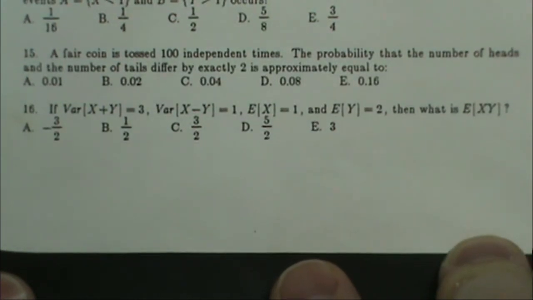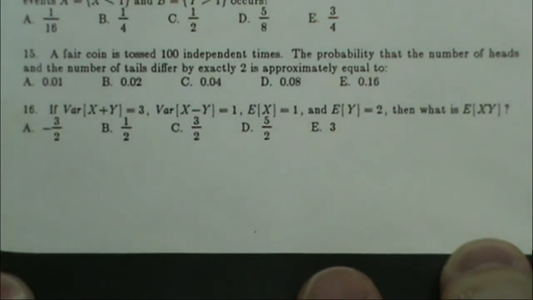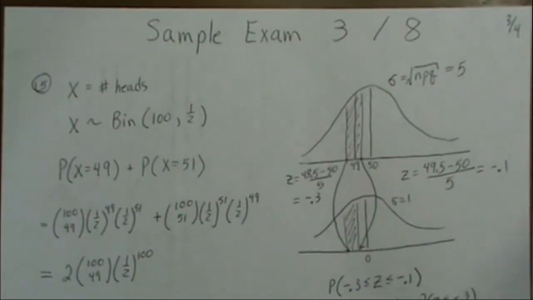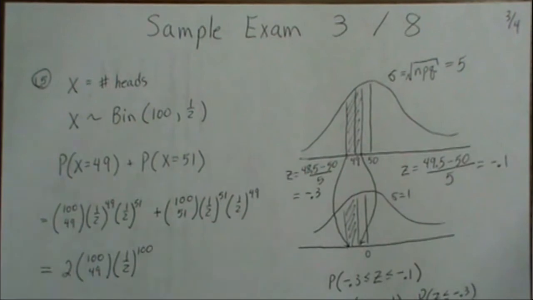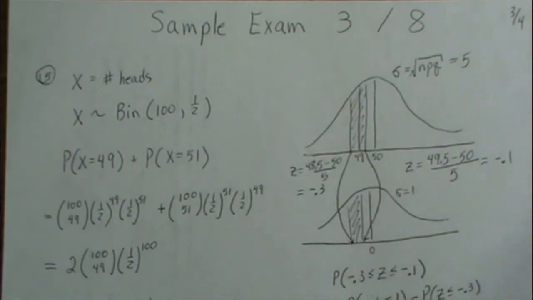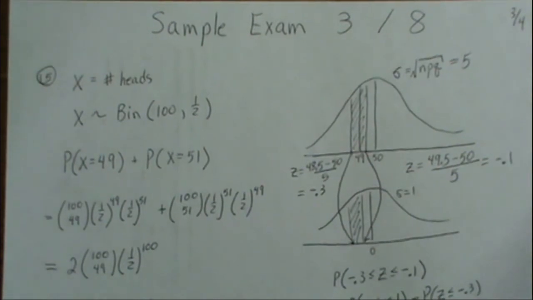Number 15. A fair coin is tossed 100 independent times. The probability that the number of heads and the number of tails differ by exactly 2 is approximately equal to. So number 15, we want to find the probability that they differ by exactly 2.